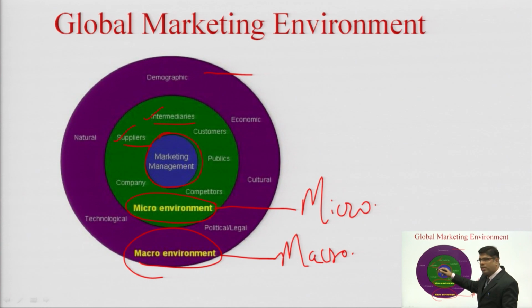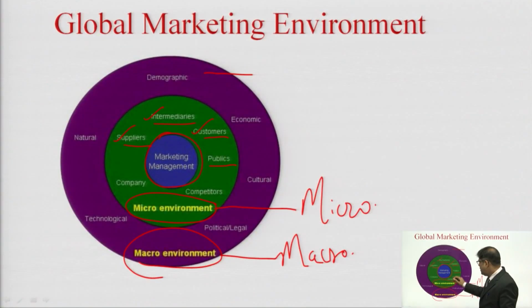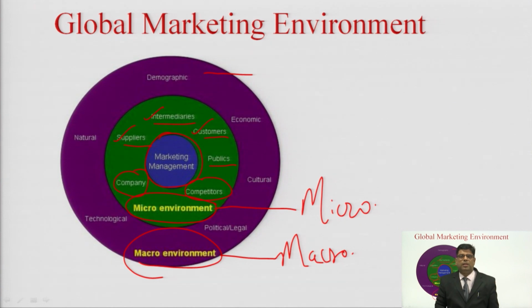The suppliers supply raw material for production. We have the customers. Customers are the ones who are purchasing the products and services of the company. Then we have publics, the general public, the competitors and also the company. So, these constitute the micro environment.